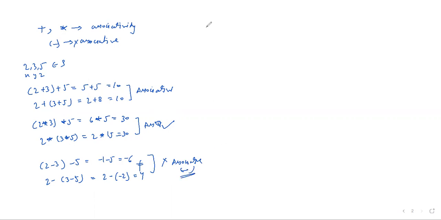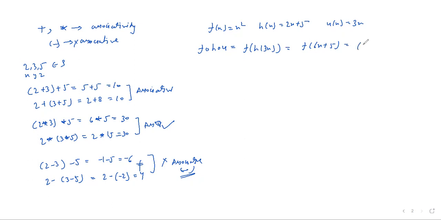Now let's look at composition. Let's say I have the function f(x) equals x squared, h(x) equals 2x plus 5, and another function, let's say u(x) equals 3x. Let's find the composition f o h o u first. f o h o u is f of h of u, and u is 3x, so h(3x) is 6x plus 5, which gives f(6x plus 5), and applying f it becomes (6x plus 5) whole squared.